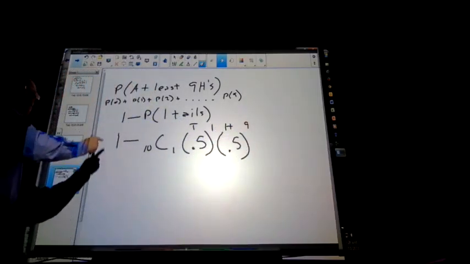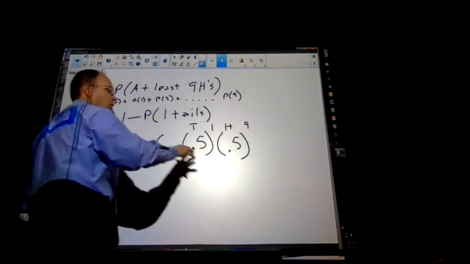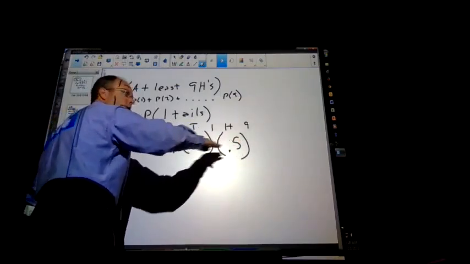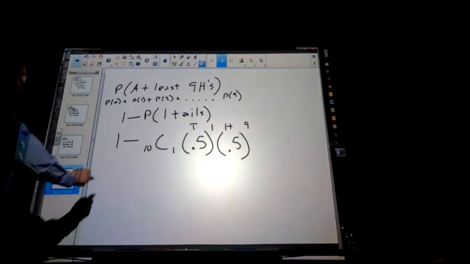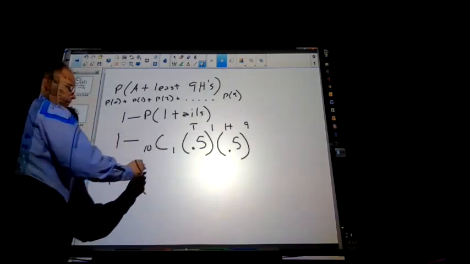Okay? So remember, if I were to work this whole thing out, 0 through 9, all the way, 0, 1, 2, 3, all the way up to 9. That's a lot more work. But if I go 1 minus, I do the complement of the above event, then I'm going to get this to work out. So 10 choose 1 is how much? 10.